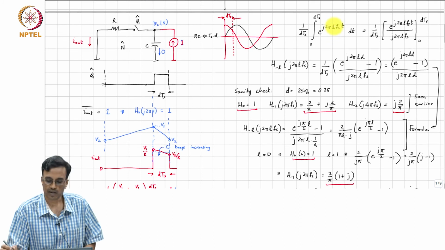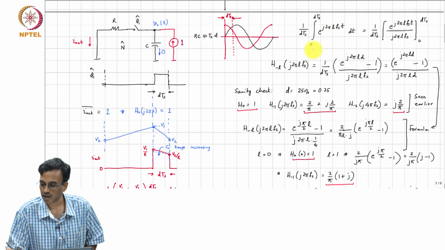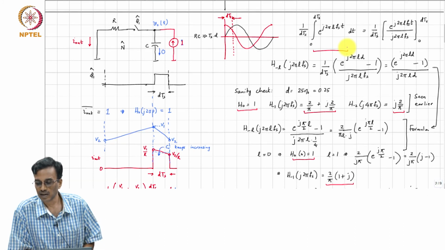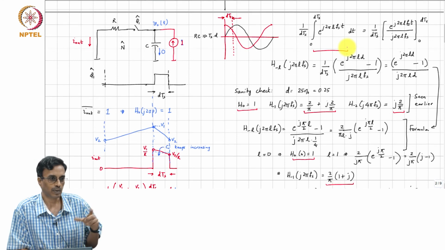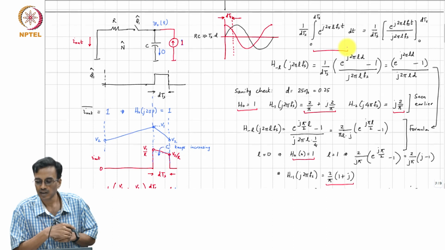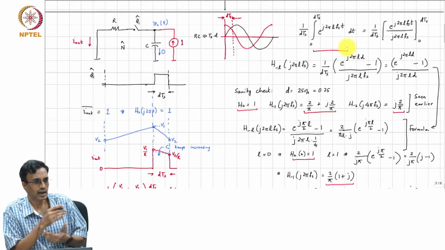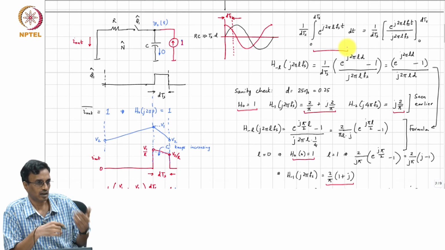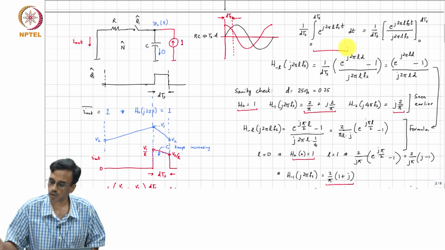Also, since the circuit was simple, we did the analysis for multiple frequencies at the same time just by doing the math. But otherwise, typically you will need multiple input frequencies and then find out the output.